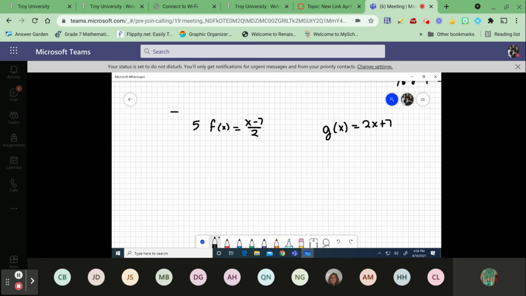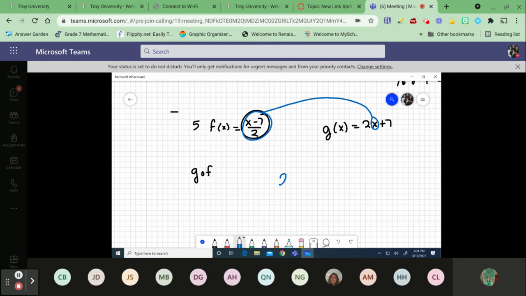Again, order counts. They want g of f. That means I need to take f of x and insert it for that x. And then simplify whatever can be.